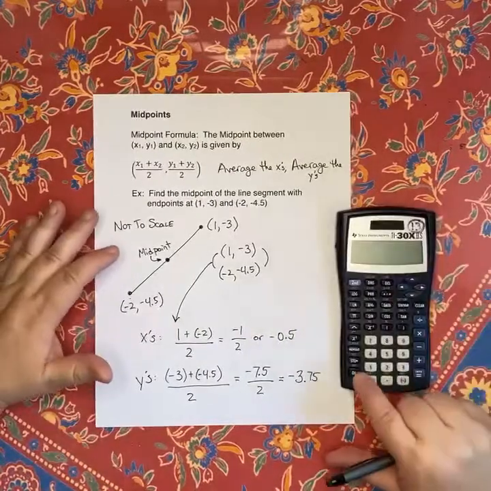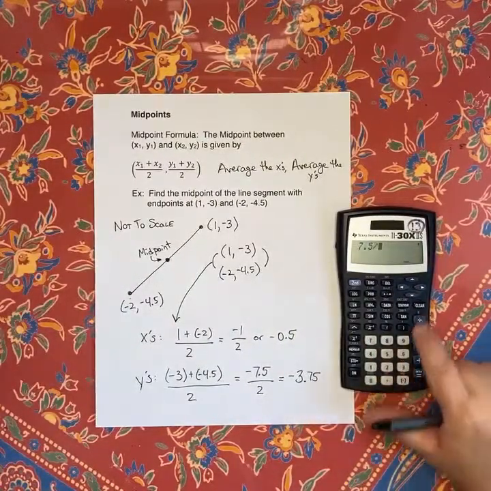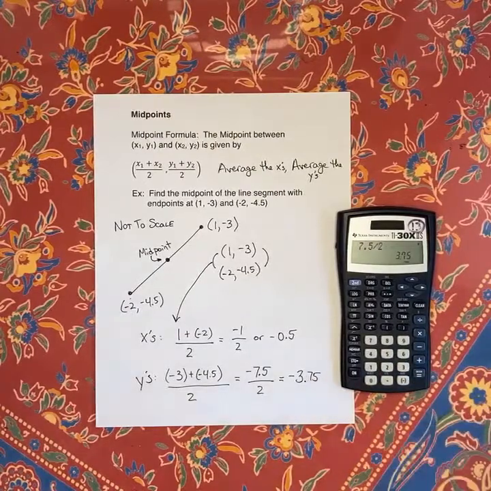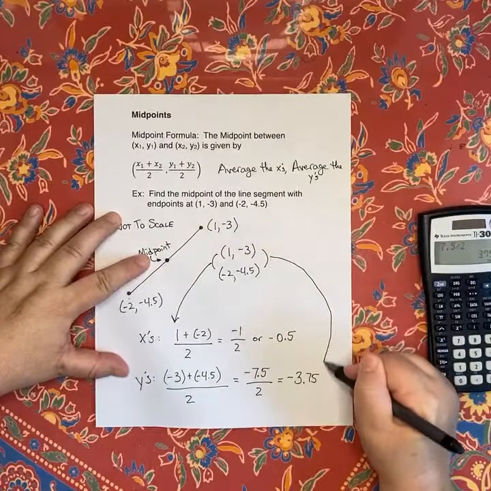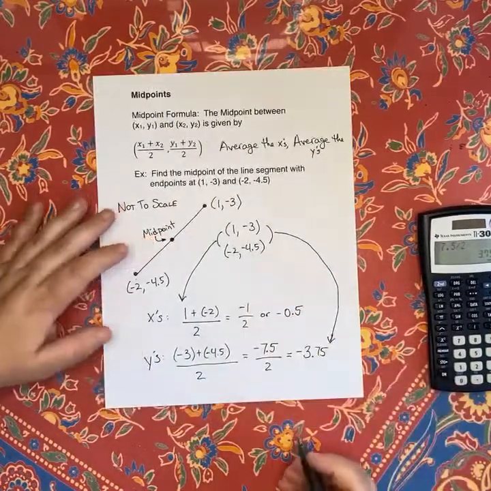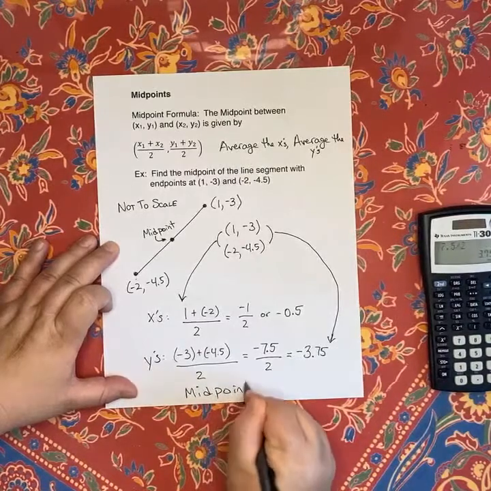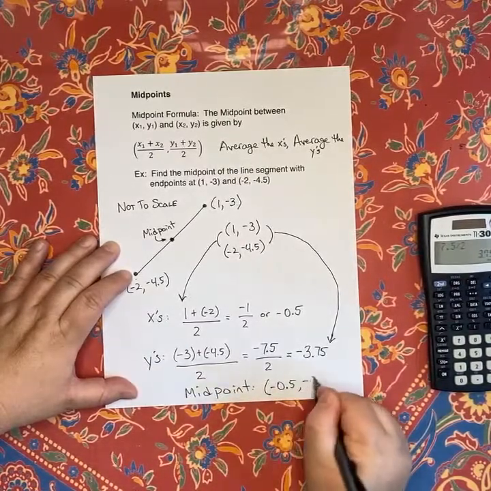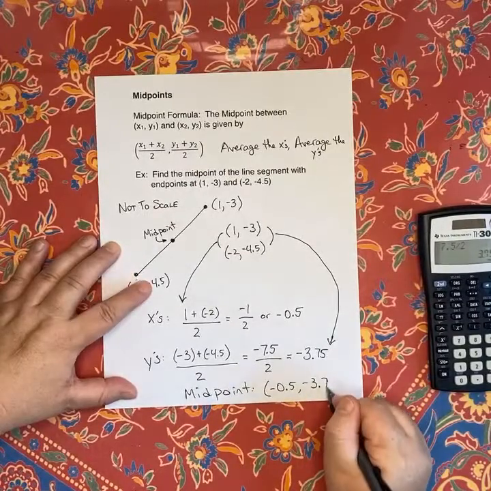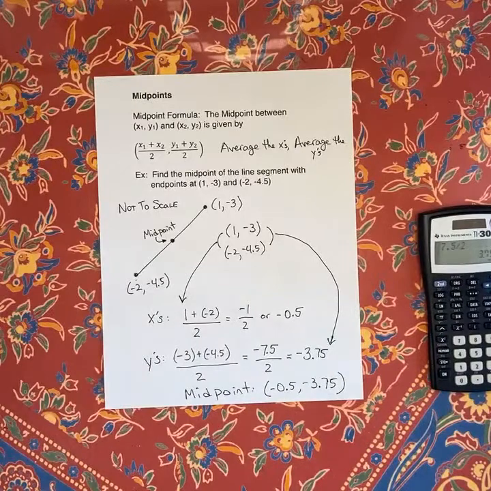We got a calculator. Isn't that awesome? 7.5 divided by 2. Yes! Okay, so here are the Y's. And so my midpoint is going to be at (-0.5, -3.75). Bam. There you go.